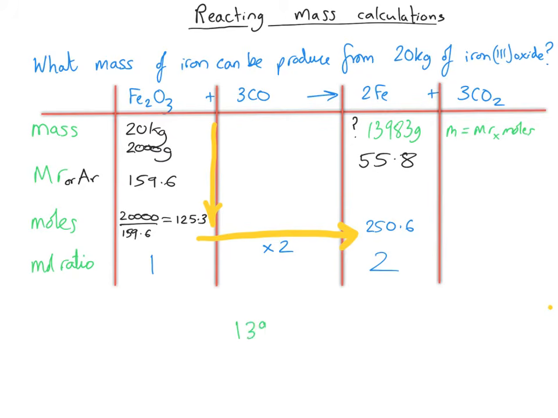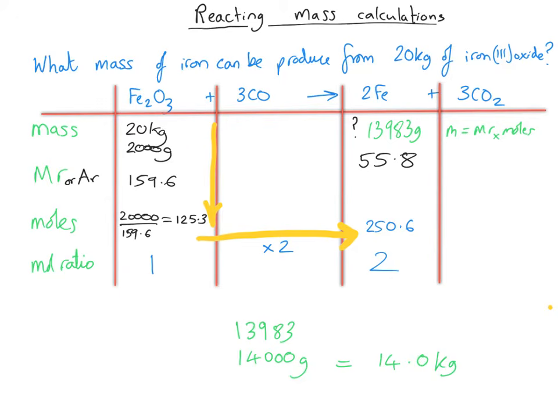So 13983 to 3 significant figures becomes 14000 grams, because that 8 rounds the 9 up to a 0, and then that 3 turns into a 4. And then in kilograms, depending on whether they'd asked us for this in kilograms, it would be 14.0 kg to 3 significant figures.